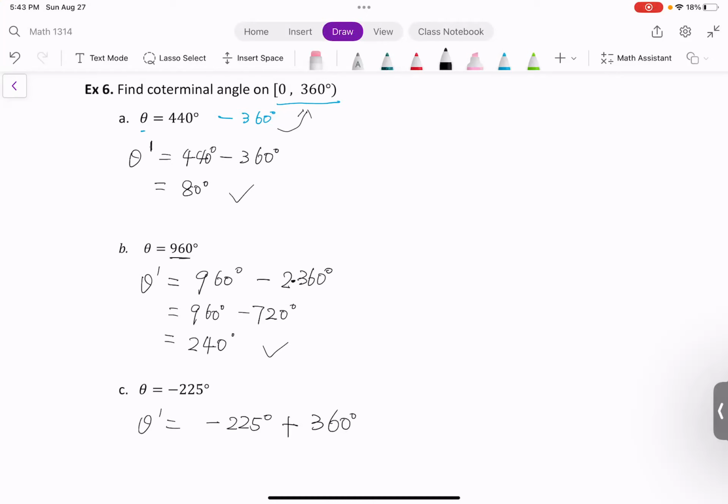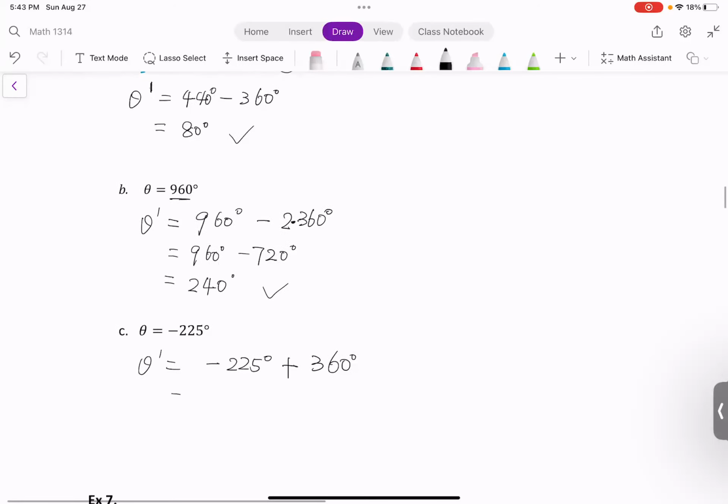If it's a big negative number, I need to add more rotations. All right, let's see what that is. We got 135 degrees.